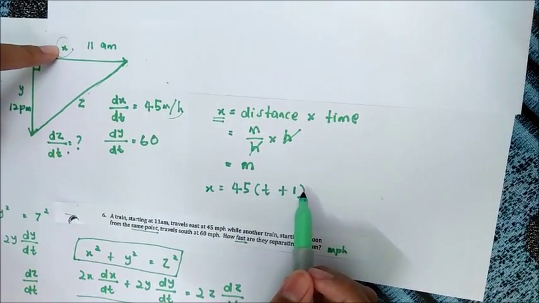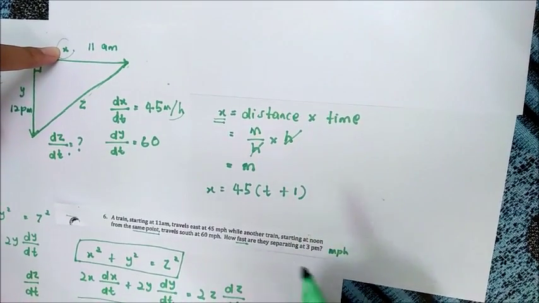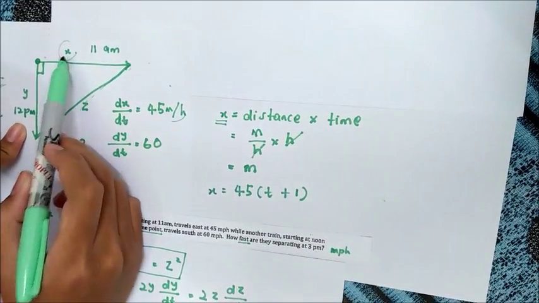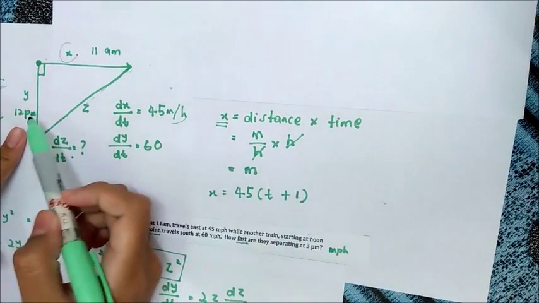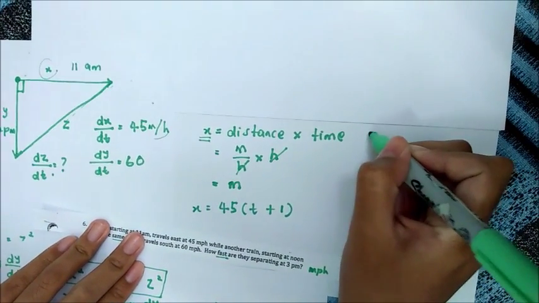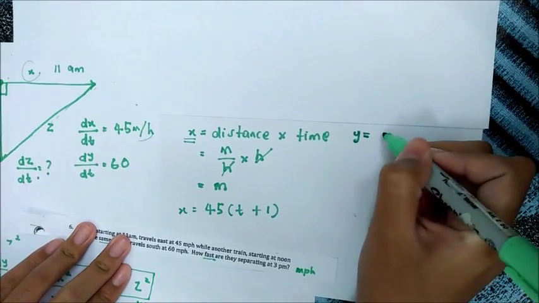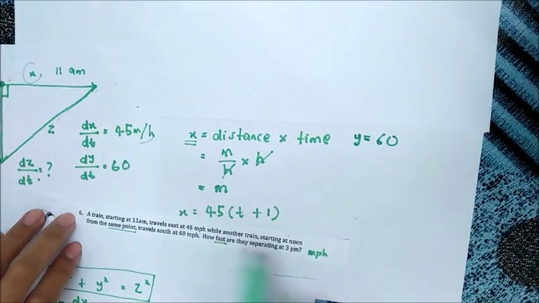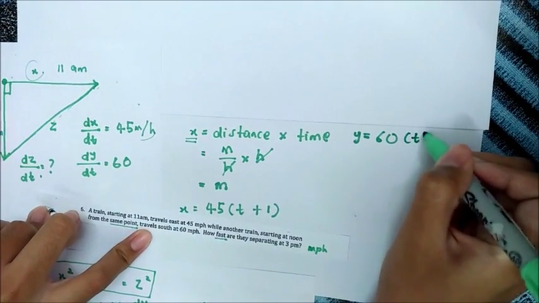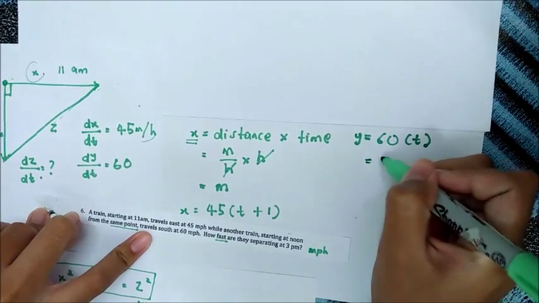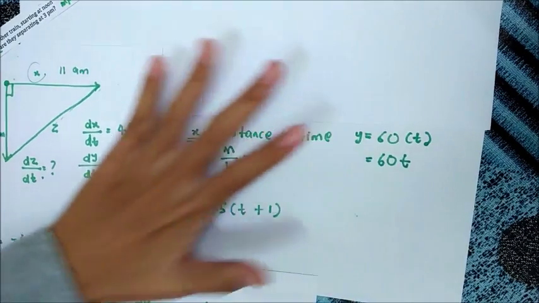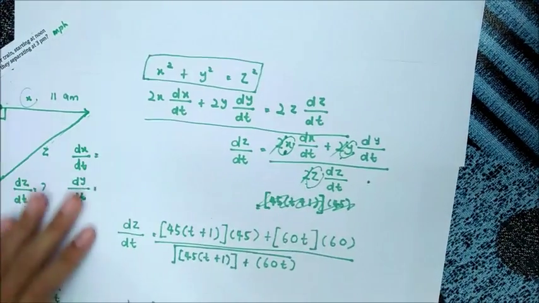Because train X has traveled 1 hour extra than Y. So X has an additional hour than Y. The same thing we use to find Y, that is 60. Why 60? Because train Y travels at 60 mph times t. So we have 60t. Substitute all this information into the equation that we have.